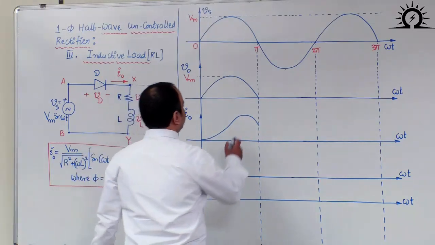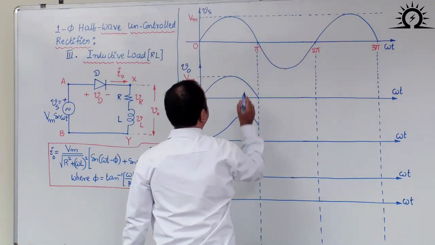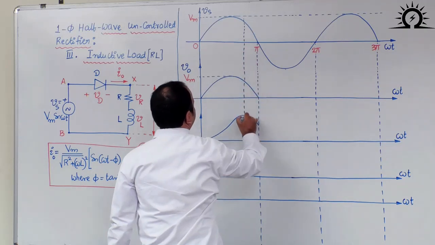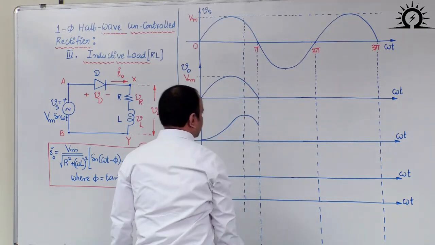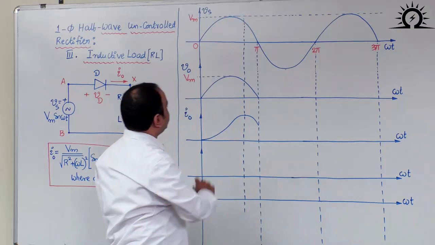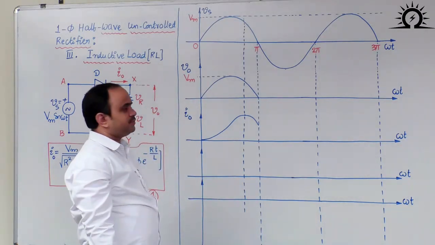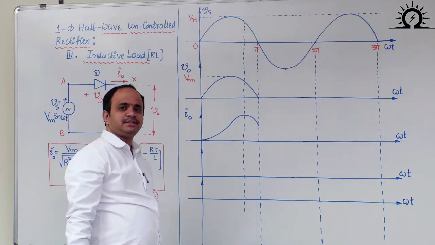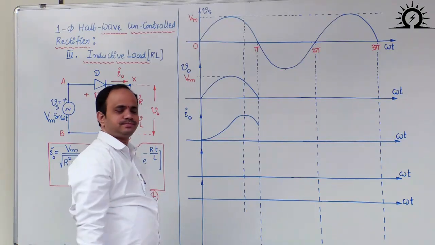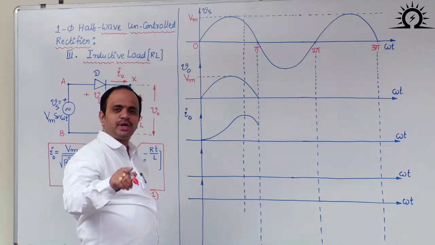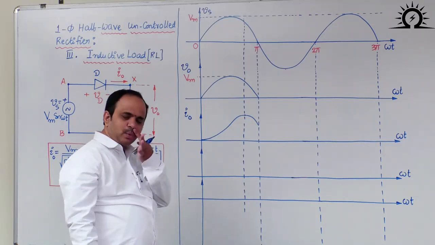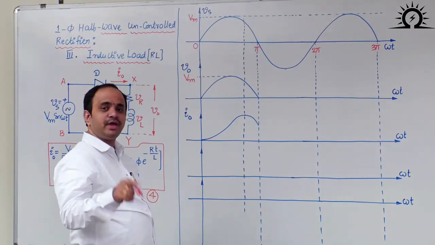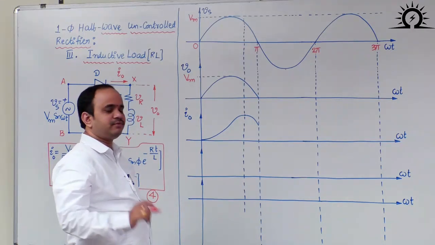Now one question we need to understand here. In case of a resistive load, follow carefully, important waveform: I naught has peak value at omega t equal to pi by 2. In case of a pure inductive load, I naught has peak value at omega t equal to pi. But here, where will I naught have its peak value?